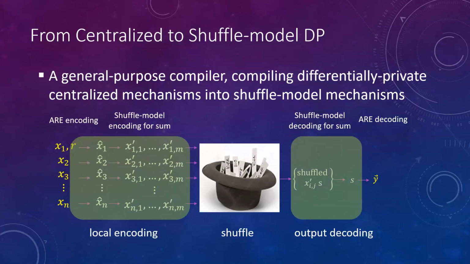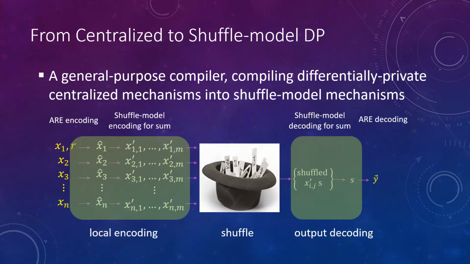And if you open everything else, then you see that what happens is there is a phase of encoding, which for the first party includes choosing the randomness, then everybody does their ARE encoding, then everybody does their shuffle encoding, then you shuffle, and then there are these levels of decoding. So they first do the decoding of the shuffle model to get the sum, and then you do the ARE decoding to get the value of the function.